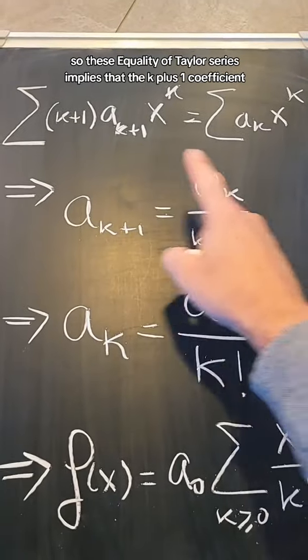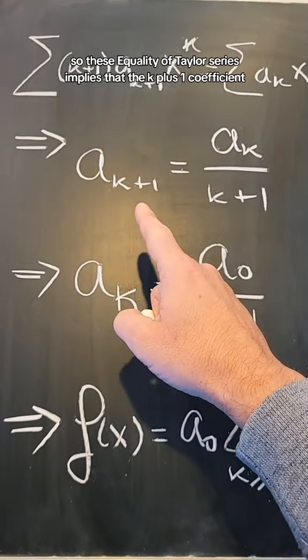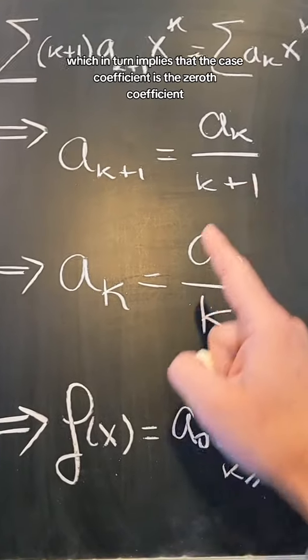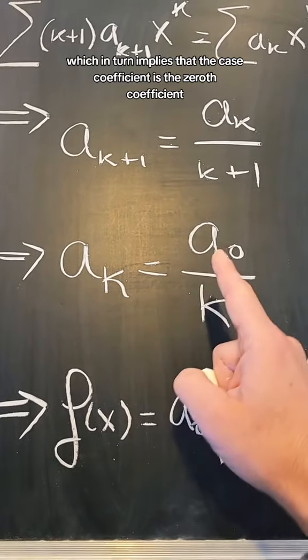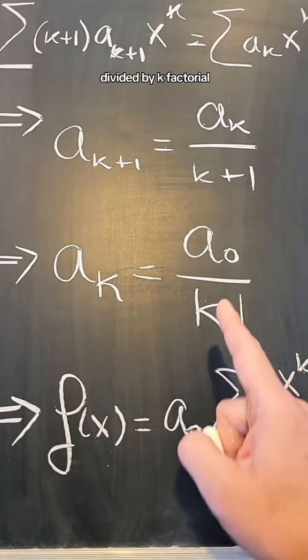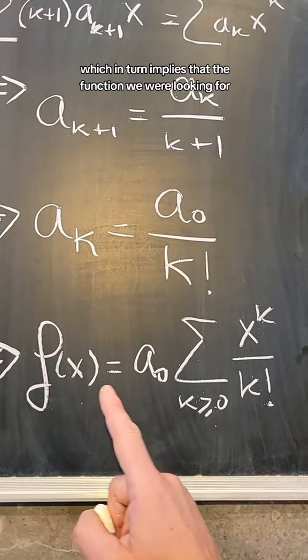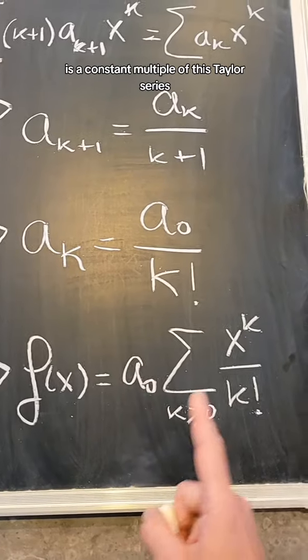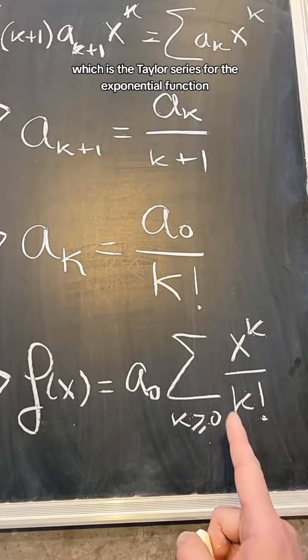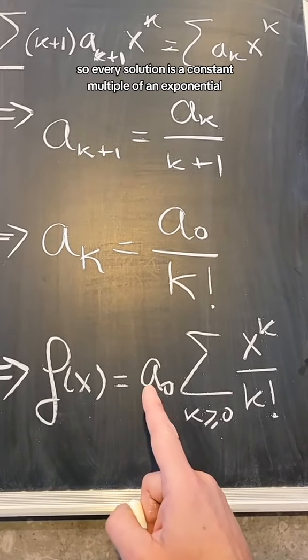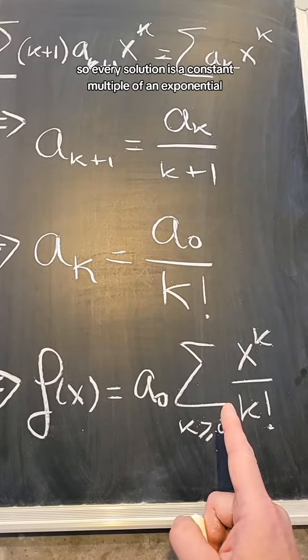So this equality of Taylor series implies that the k plus 1th coefficient is the kth coefficient divided by k plus 1, which in turn implies that the kth coefficient is the 0th coefficient divided by k factorial, which in turn implies that the function we were looking for is a constant multiple of this Taylor series, which is the Taylor series for the exponential function. So every solution is a constant multiple of an exponential.